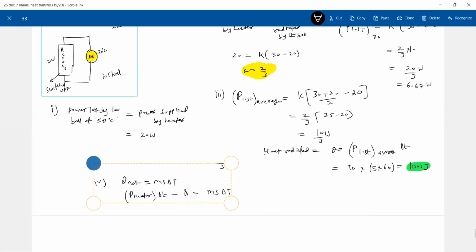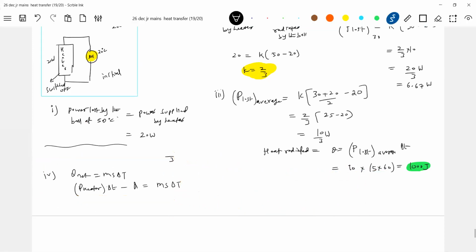The fourth part, let me write it here. Where is this 10 by 3? It is here. So power supplied by the heater coil will be 20 into 5 into 60. This will be 1000. Mass times specific heat times 10. I'll write all the values so that it will be easy for you.